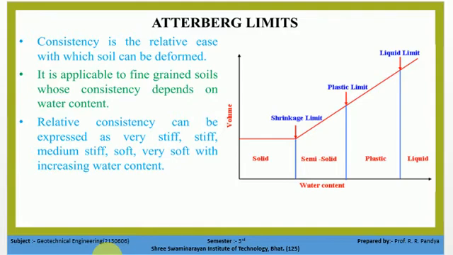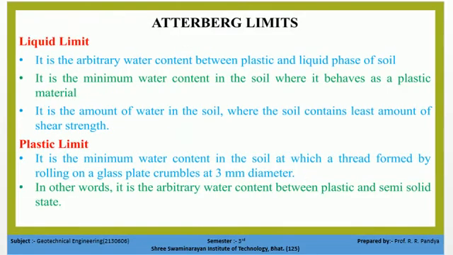Generally, we can make clay toys or clay molds using a moisture content up to the plastic limit. Here, basically, the Atterberg limits are divided into three types: liquid limit, plastic limit, and shrinkage limit, as we saw in the figure.